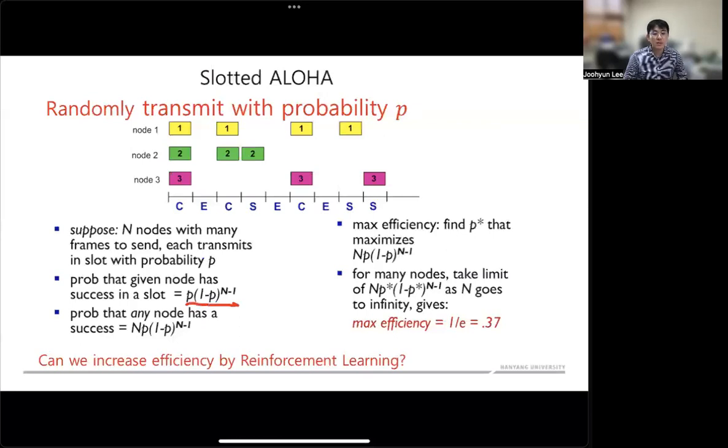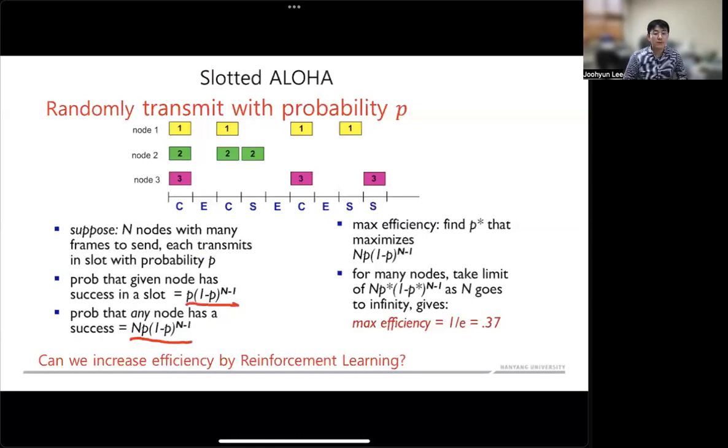This is the probability that only one given node transmits, and all the other nodes do not transmit. And if we sum up the N disjoint events to compute the probability that any node has a success, we just multiply by N to have this formula: N p (1 minus p) to the N minus 1.